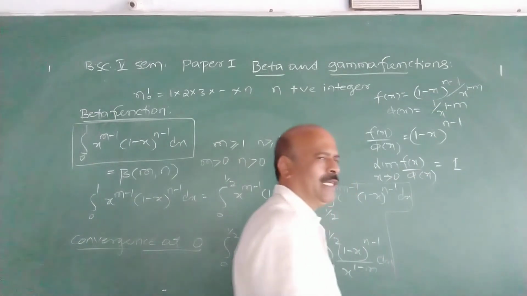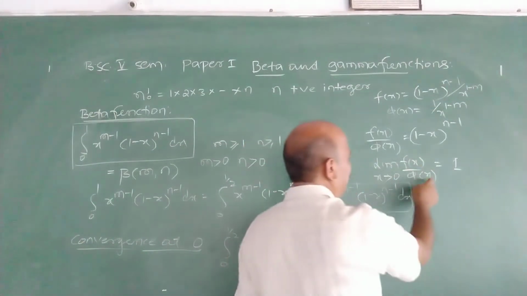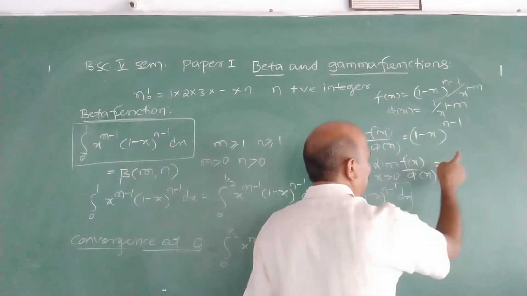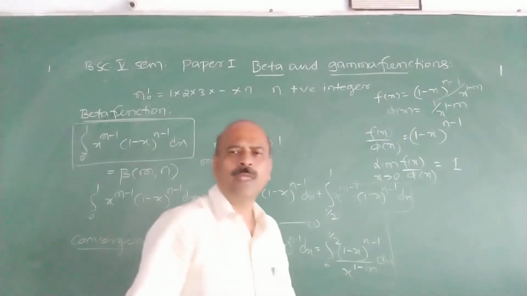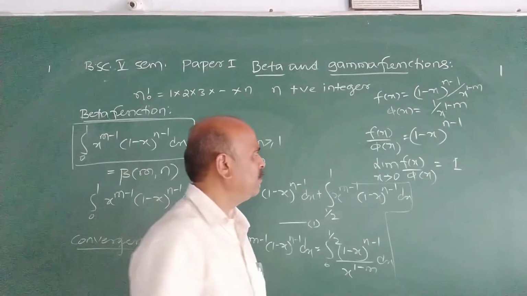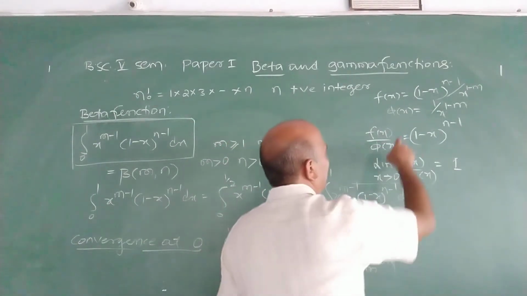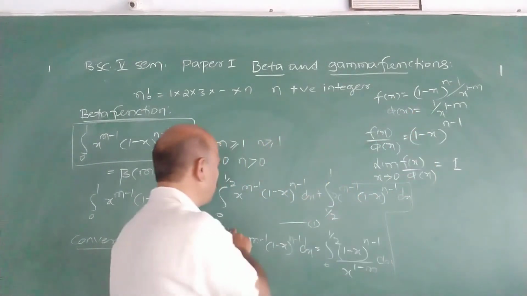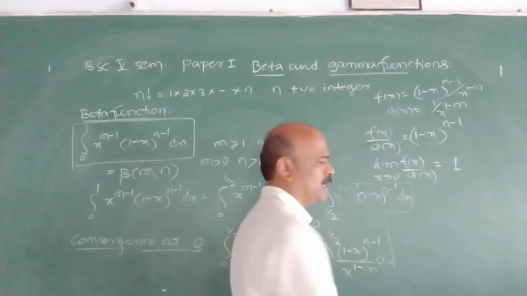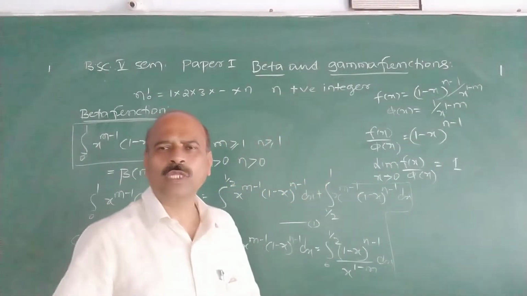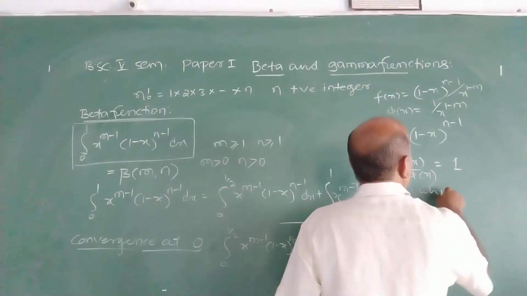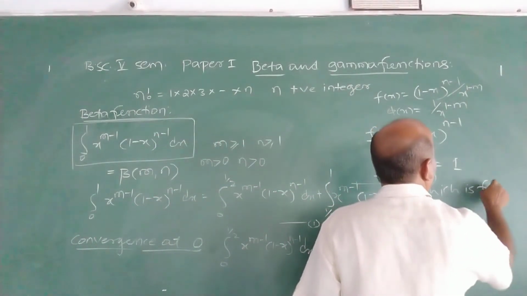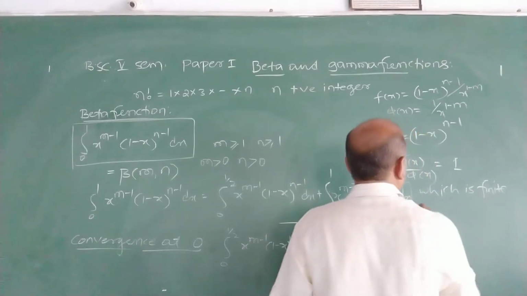Now, what is the comparison test? If the limit of f(x) by phi(x) as x tends to 0 is neither 0 nor infinite, then f(x) and phi(x) from 0 to half are alike. Either both converge or both do not converge. Now, this limit is finite and not 0.